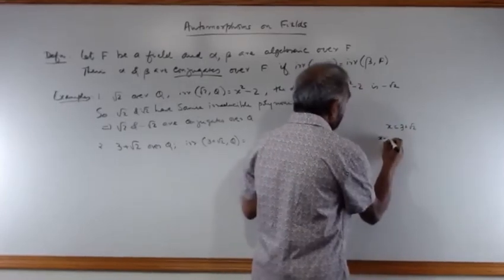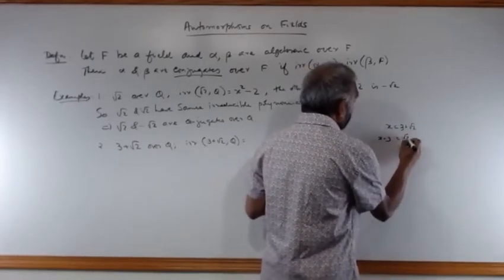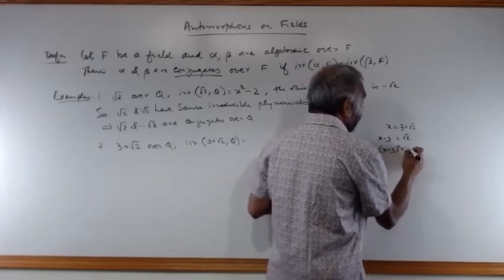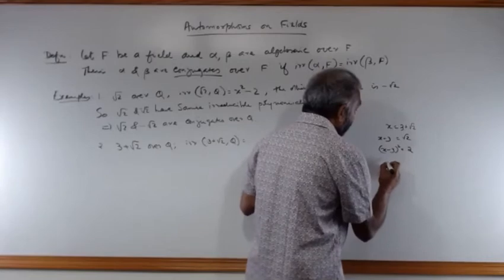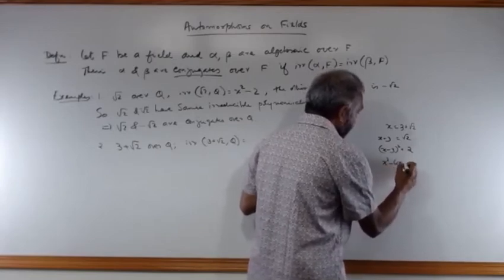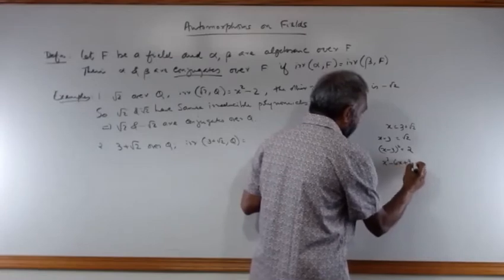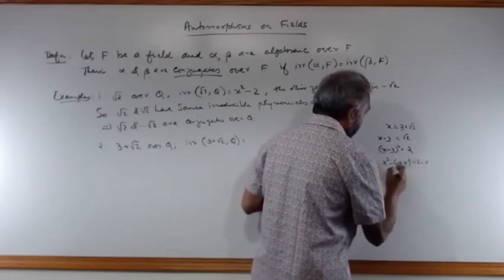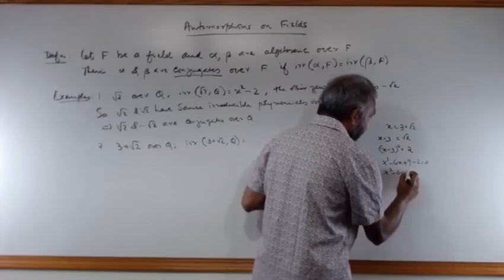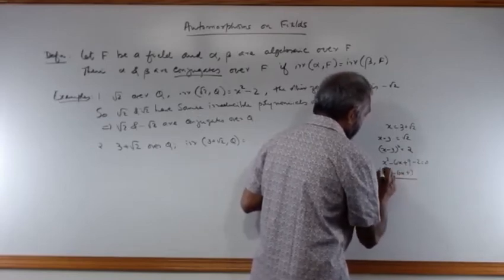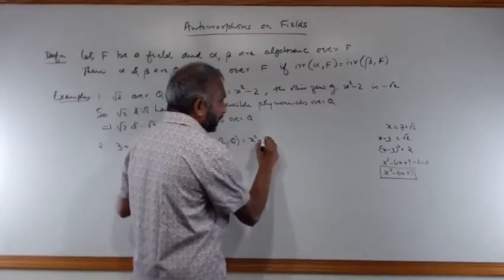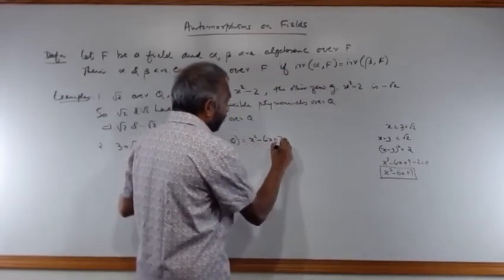So x minus 3 is equal to root 2. x minus 3 whole square is equal to 2. So x square minus 6x plus 9 minus 2 equal to 0. So x square minus 6x plus 7. So this is a polynomial, x square minus 6x plus 7, right?